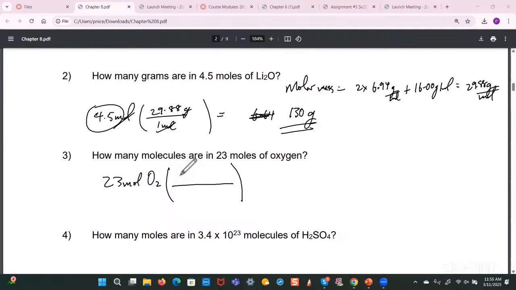So 23 moles times Avogadro's number. Okay, so 6.02 times 10 to the 23 molecules of O2, and down here you'd have what? Oh, 1 mole of O2, exactly. So that will cancel that. So let's see what that gives. 23 times 6.02 times 10 to the 23.